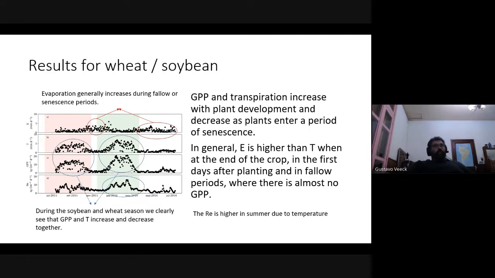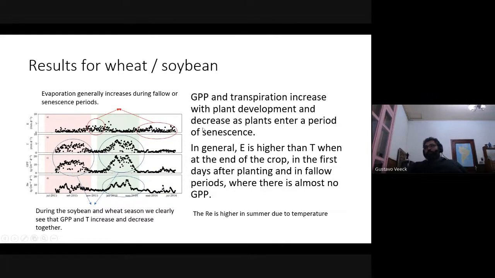From the agriculture results, in wheat and soybean periods, the evaporation generally increases during fallow and senescence periods. During the soybean and wheat seasons, we clearly see that GPP and transpiration decrease together in this period.